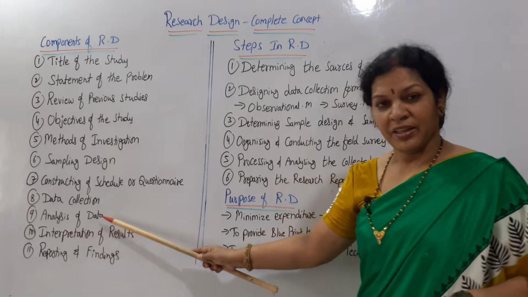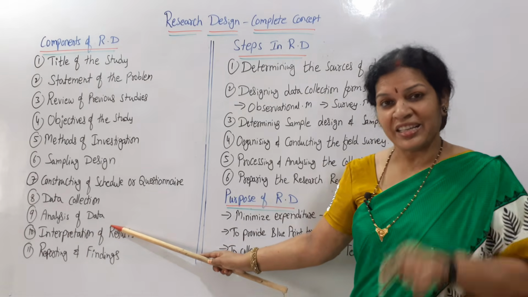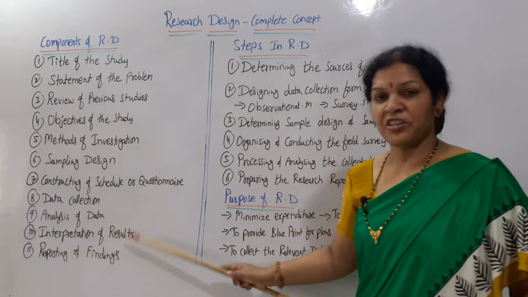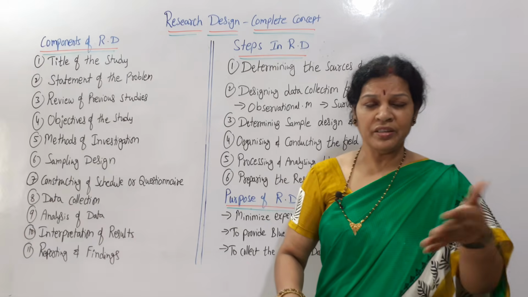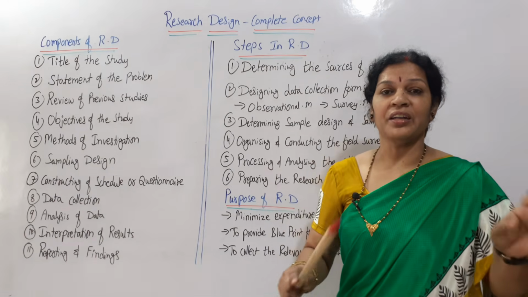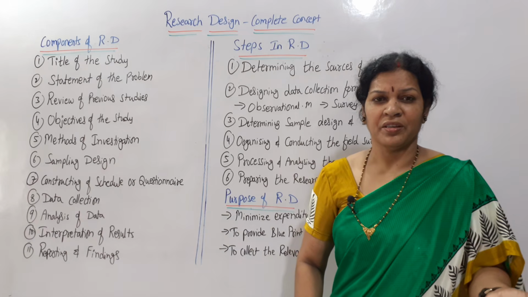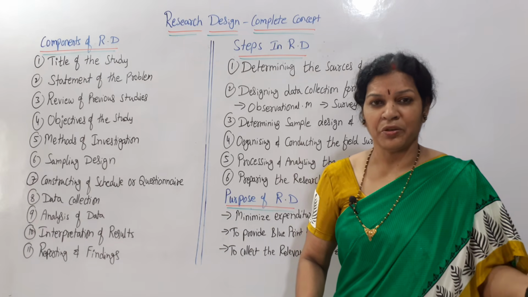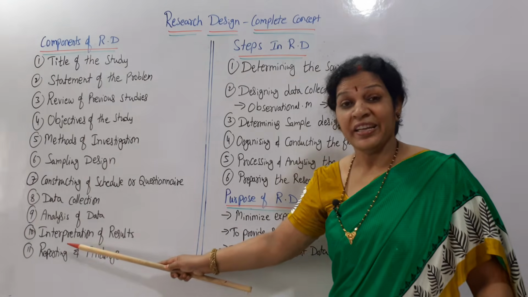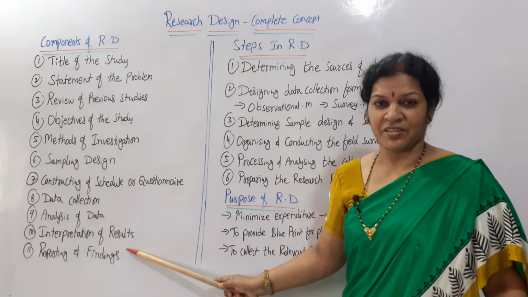Next, after that, if data is analyzed, then interpretation of results. Whatever results you got, you have to give the interpretation: what you have done, what you want to say, how you want to advise, what your findings are. Everything comes under the interpretation of results.